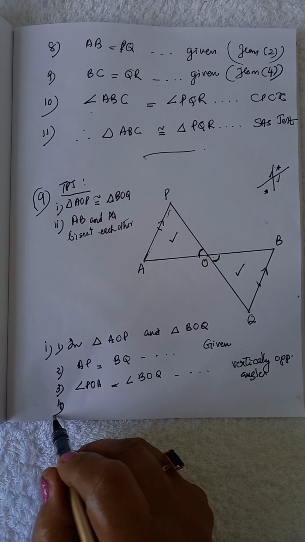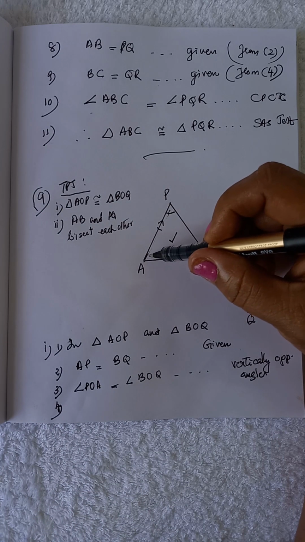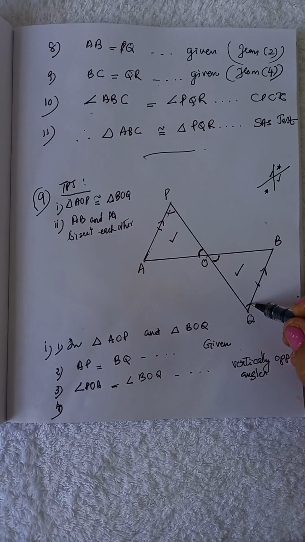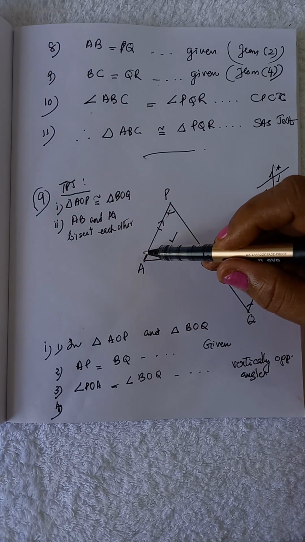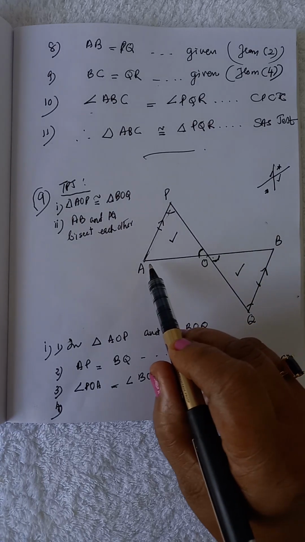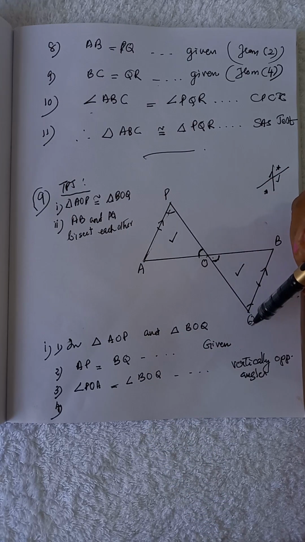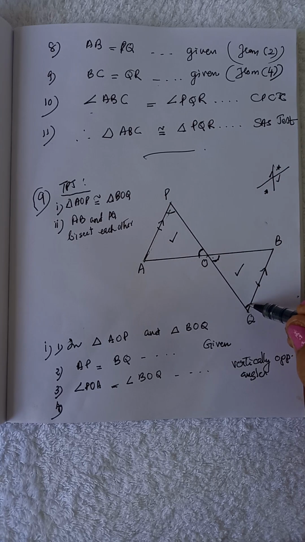Next point we can take here this angle OPA and this angle OQB. What about these two angles? Here it is given that AP and BQ are parallel lines. And here if you consider this PQ as transversal, then this angle and this angle will be interior alternate angles.